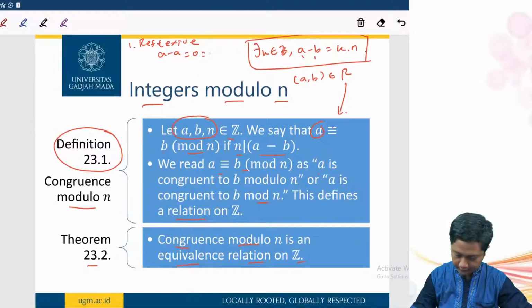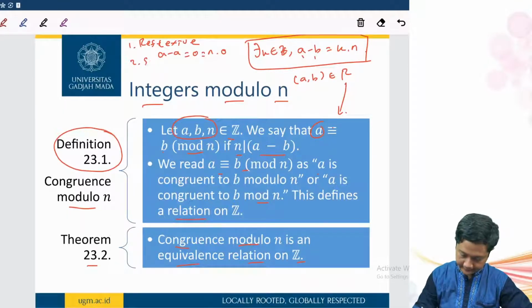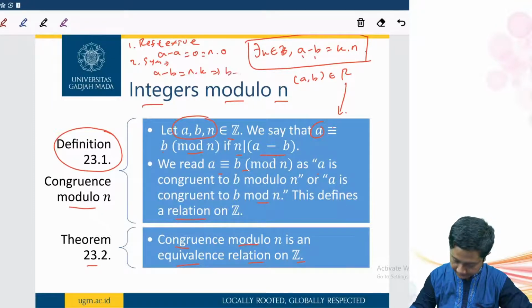Then, of course, this one is n times 0. So I have a congruent to a. And the second one, the symmetric. So I have if a minus b equal to n times k, then I have b minus a is equal to minus k times n.